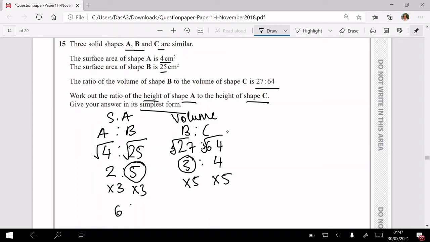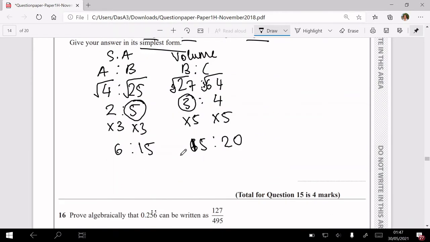That becomes 6 to 15, and 15 to 20. So the ratio for A to C in terms of height is 6 to 20, which simplified is 3 to 10.